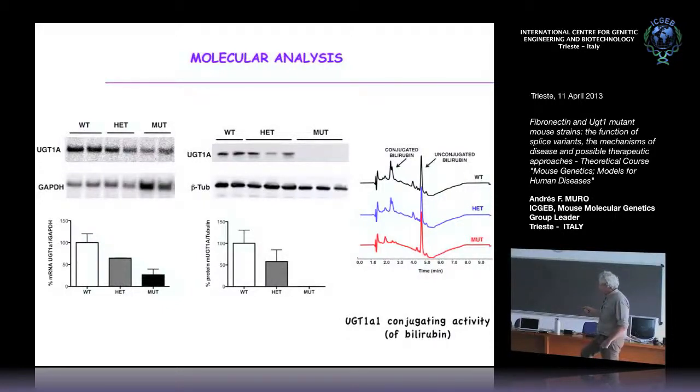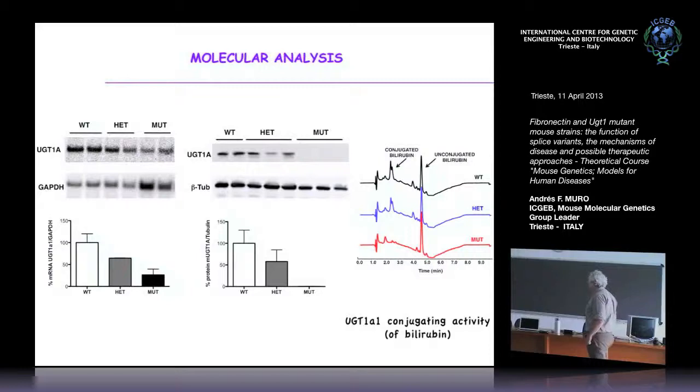And there is no activity in the liver of the animal. This is the peak that corresponds to conjugated bilirubin in the wild-type animal. This is the heterozygous, which still contains activity, and this is the mutant, which does not contain any peak.